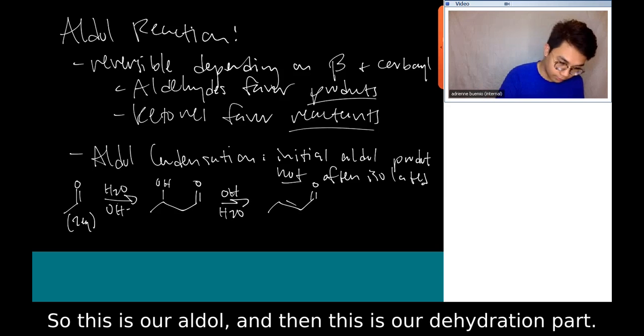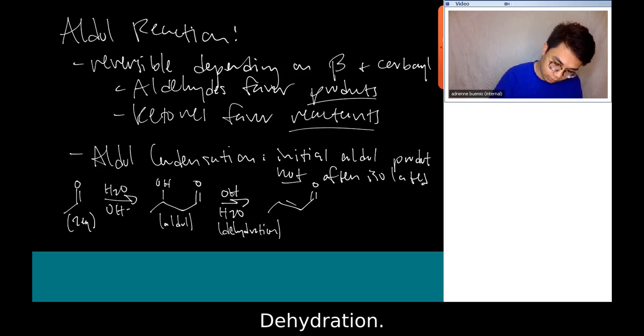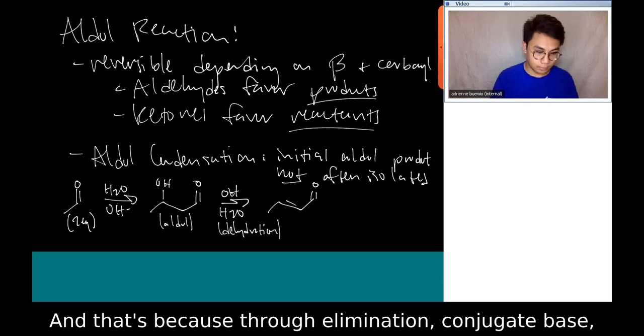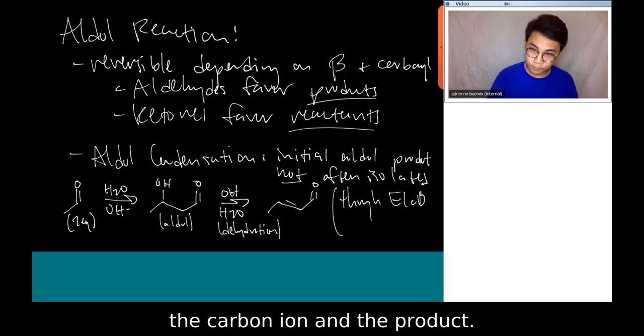So this is our aldol, and then this is our dehydration part, dehydration. And that's because through elimination, conjugate base, right? The carbanion and the product, right?